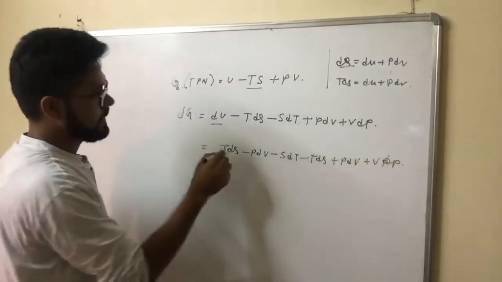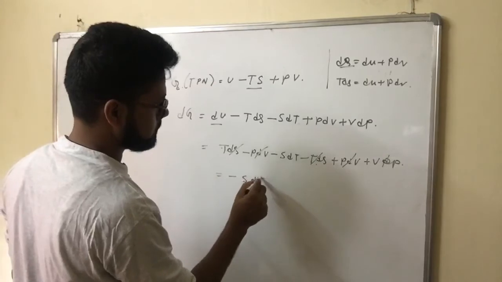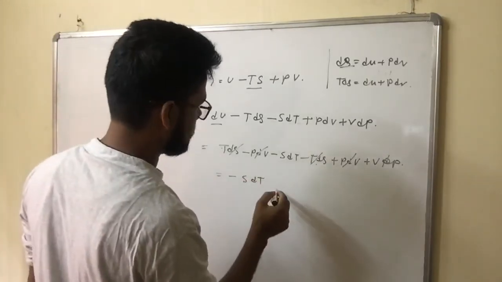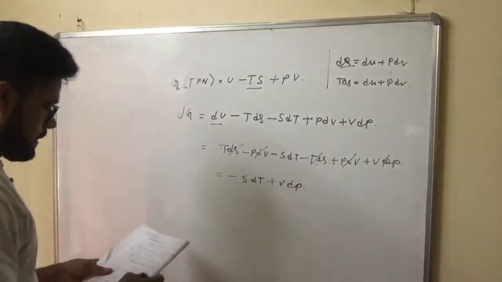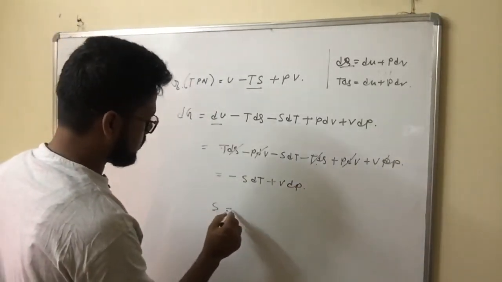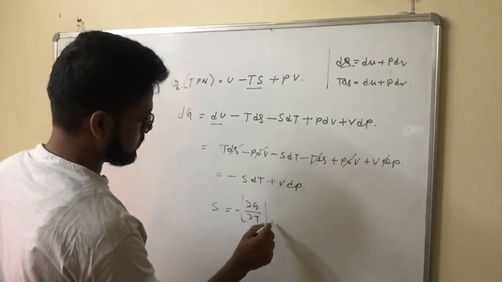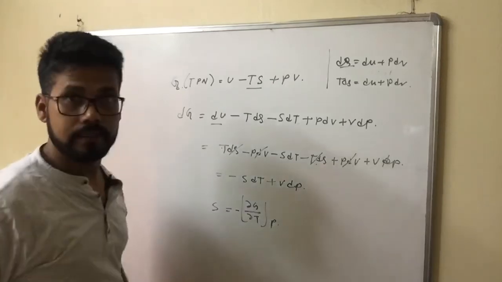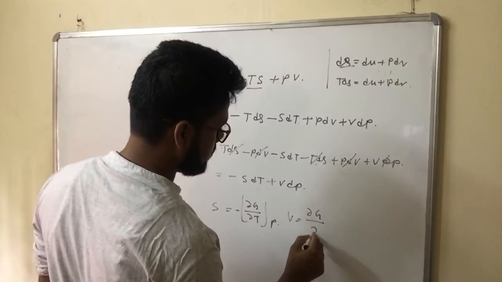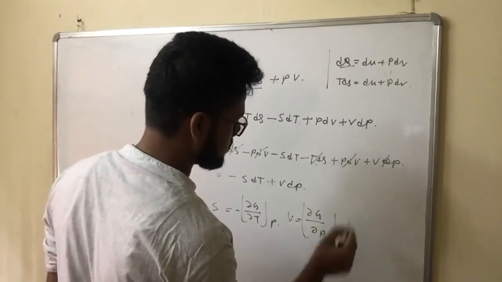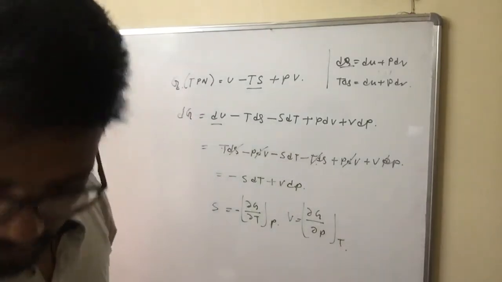Okay, TdS cancels, PdV cancels. So minus SdT is there plus VdP. So the entropy expression is S equal to minus dG by dT when P is constant. Next, V is the expression dG by dP when T is constant. Is it okay? This is very simple, and a 5 mark question.